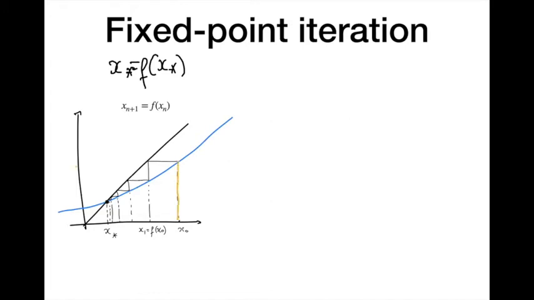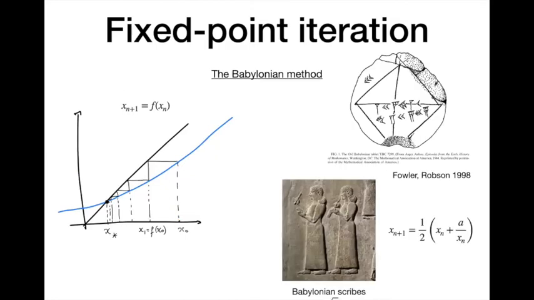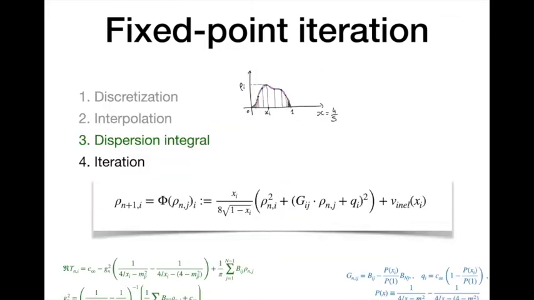You look at f of x0, and you call that x1. It's here. And by playing this game, you realize that you're building this little staircase that drives you towards the fixed point. In general, I had some anecdote on the Babylonians, but I'm skipping this in view of time.